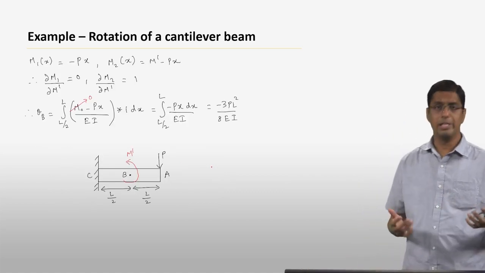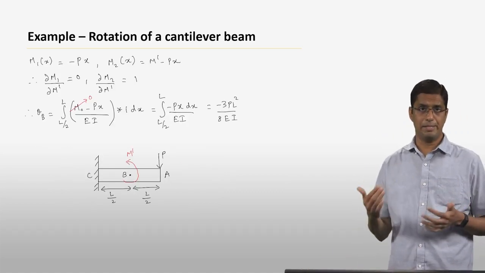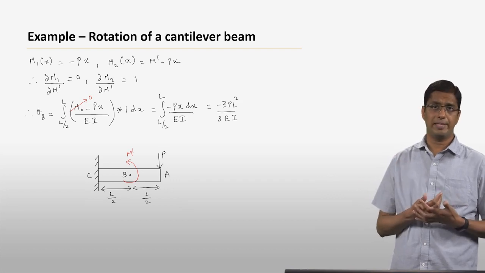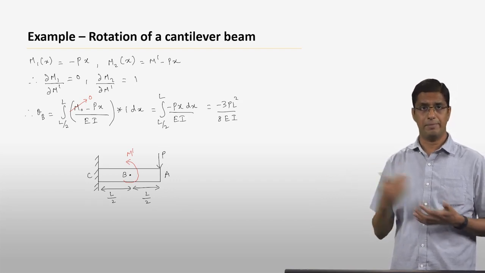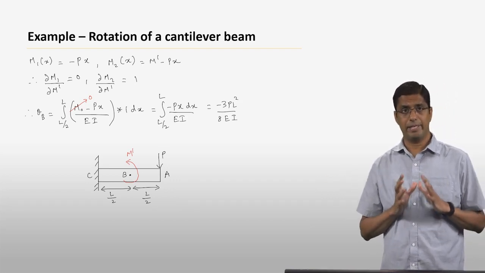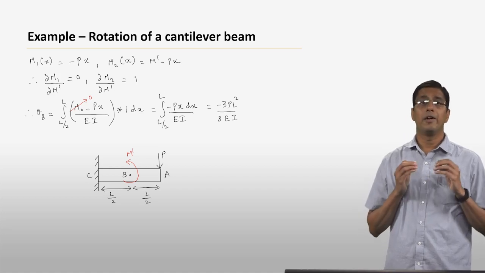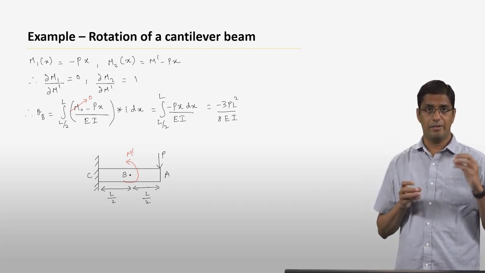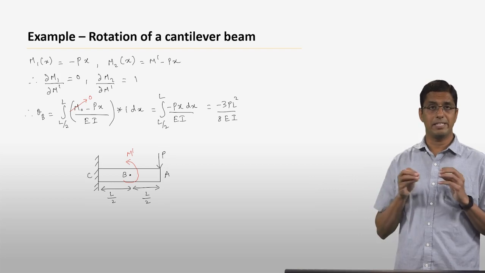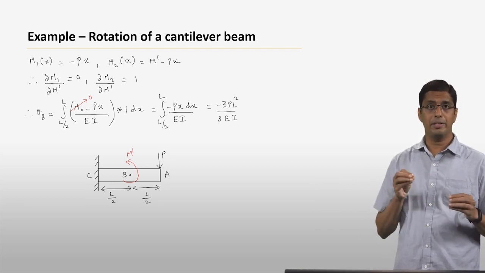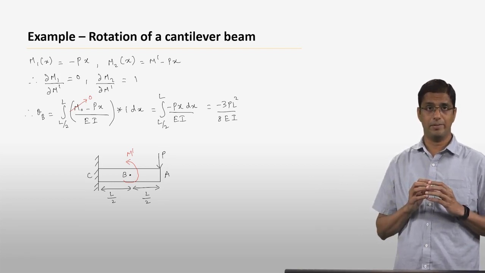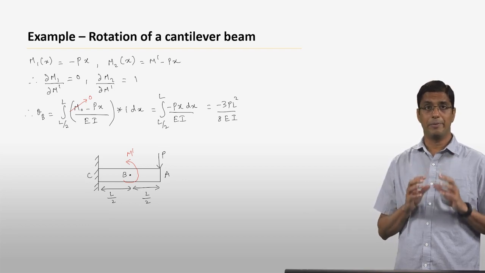So essentially we know M1 of x is minus P times x and M2 of x is M prime minus P times x. Now here is a very important thing that you have to notice. We are taking the derivative of M1 and M2 with respect to M prime. We are not taking the derivative with respect to x. So you have to be very careful.